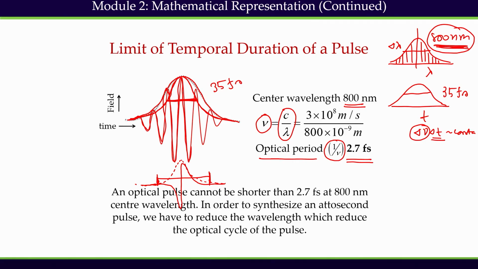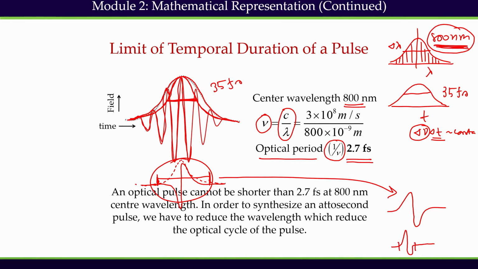If I want to reduce this pulse duration further, I need to reduce the optical cycle, which means that instead of this long optical cycle, I have to use a short optical cycle. And a short optical cycle means you have a lambda which is much less than 800 nanometer. I have to reduce the lambda.